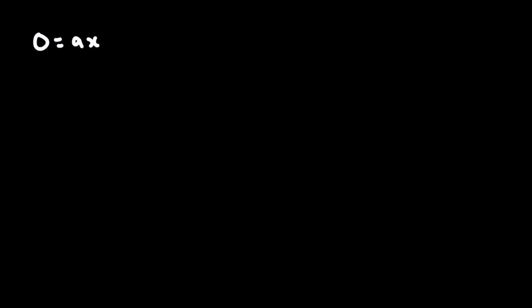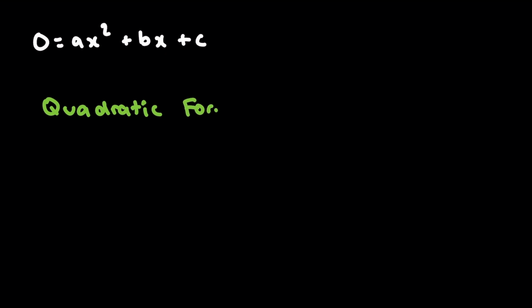If I have a quadratic where I want to factorize it, but the numbers are too annoying and too large to factorize using the first two techniques, I can use the quadratic formula. The quadratic formula is simply a way we can factorize these quadratics and find the two numbers without having to do any algebra.